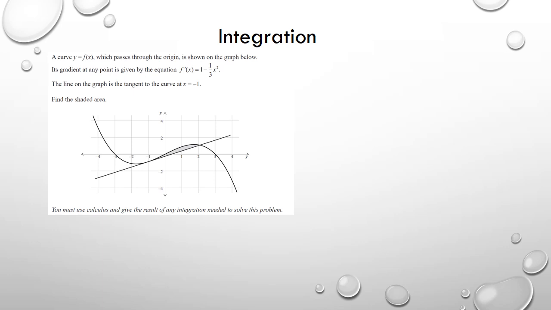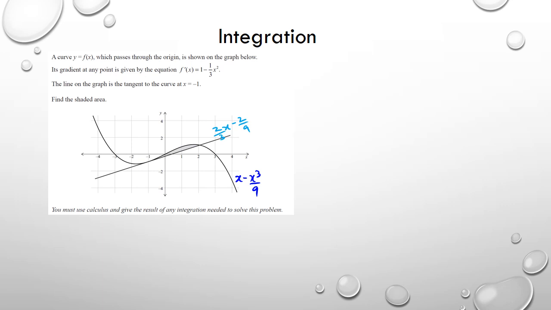Okay, so continuing on from the last slide, we figured out what f of x is. F of x was x minus x cubed over 9. And we also figured out what g of x was, which was 2/3 x minus 2 over 9.